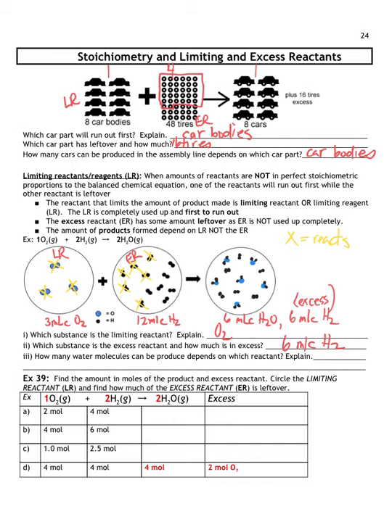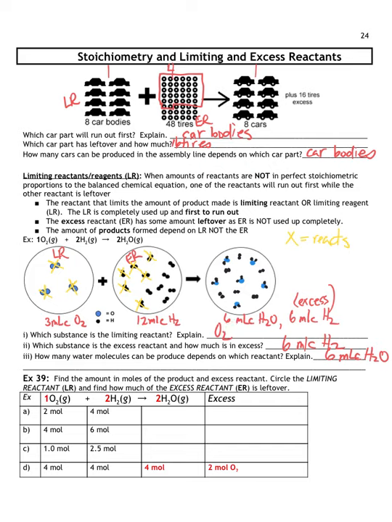And then we go to the last question: how many water molecules did we make? It looks like we made 6 molecules of water vapor. We know that because it's based on the limiting reactant. Here are my molecules of oxygen, and it's a 1 to 2 ratio between my limiting reactant and my product, so I know this is going to make only 6 at most.